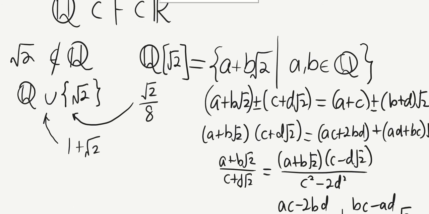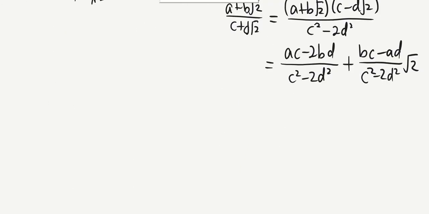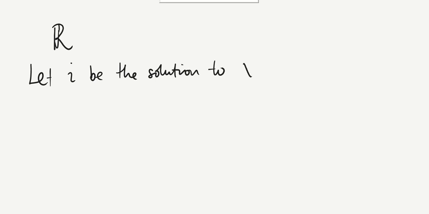In the same way, we can consider R and we want to extend this field into a larger field. So firstly, we need to find an element that isn't in R. And we can define one. We let i be the solution to the polynomial x squared plus 1 equals 0.